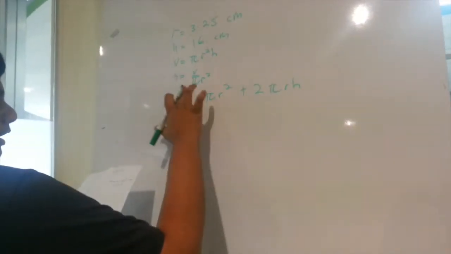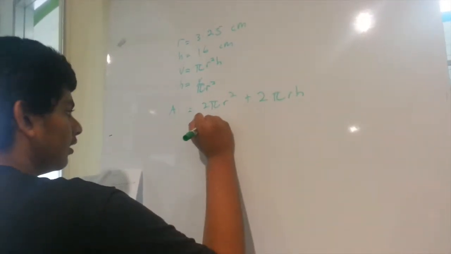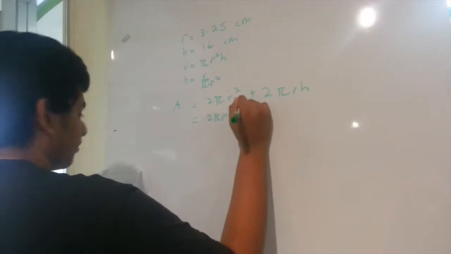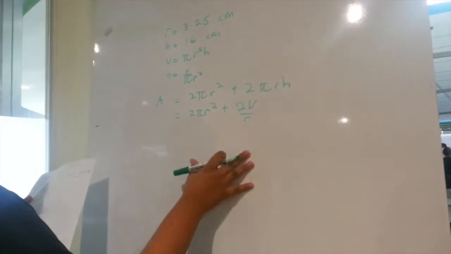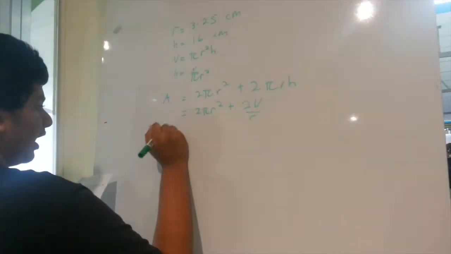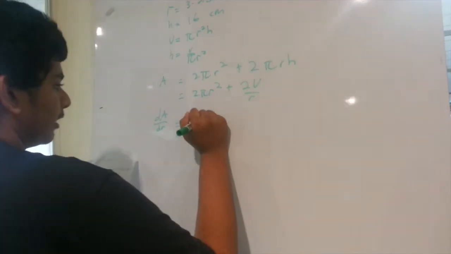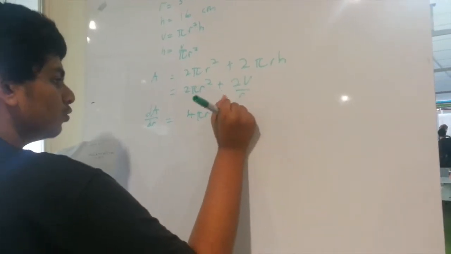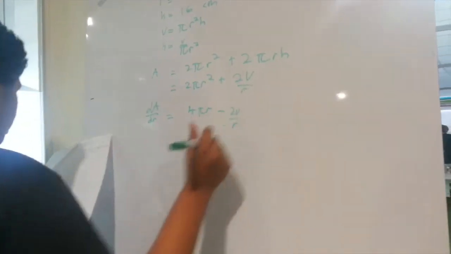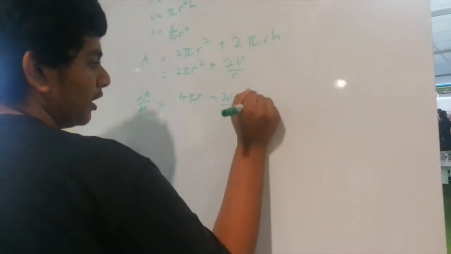If you substitute the h into this, you get A equals 2 pi r squared plus 2V over r. Now I'm going to differentiate A with respect to r, and you'll have 4 pi r minus 2V over r squared. This is set equal to 0.